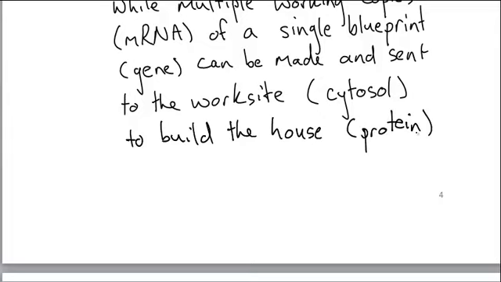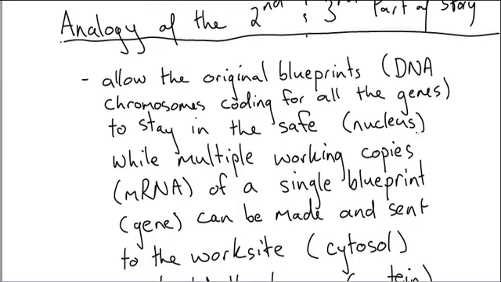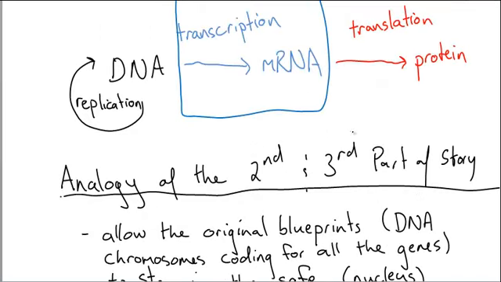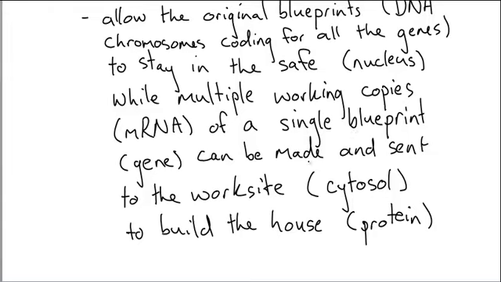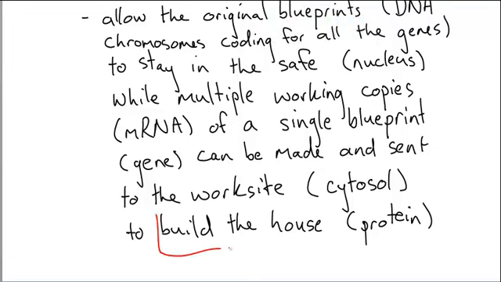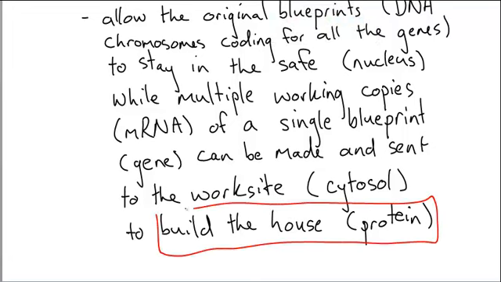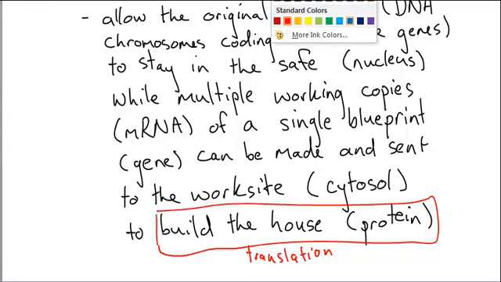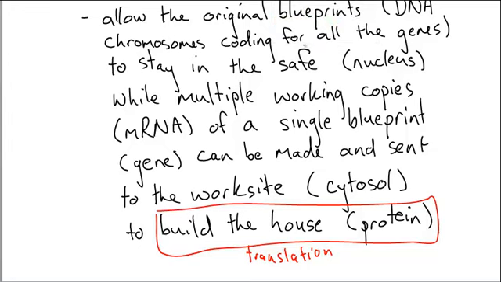Okay. So that's the analogy of what the process of transcription is. And just this last little part where you build the house, that is translation. Okay. So this is translation. Where all the rest is transcription.